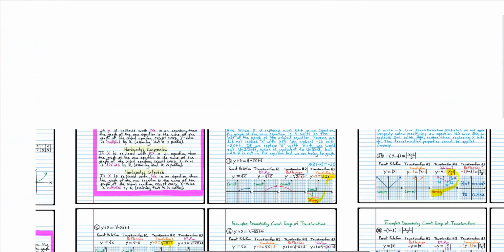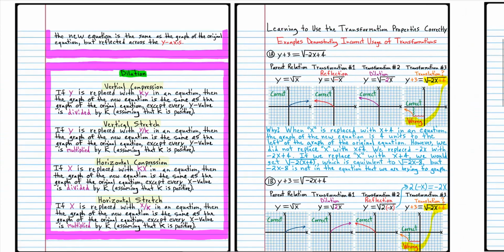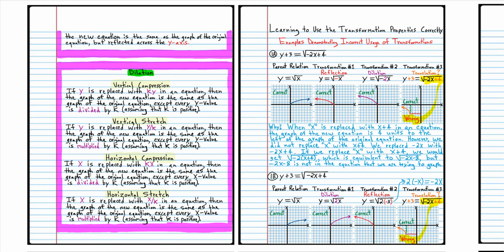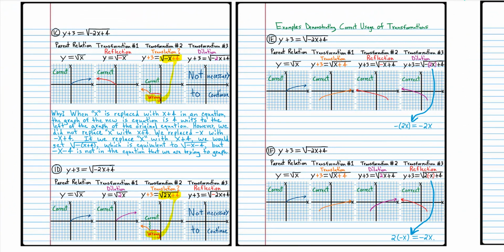So we need to get into some practice problems here. If you'd like, you can look over some of these. For each problem, we're going to study 6 different pathways to build the equation and use transformation properties to build the graph.